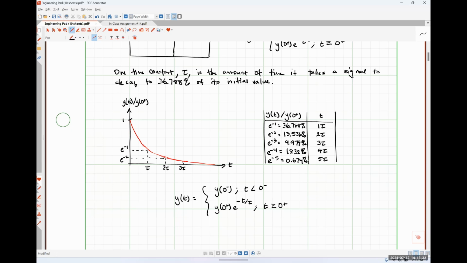Now this generic expression works for both RL and RC circuits, where tau is simply equal to R times C for an RC circuit, and tau is equal to L over R for an RL circuit.